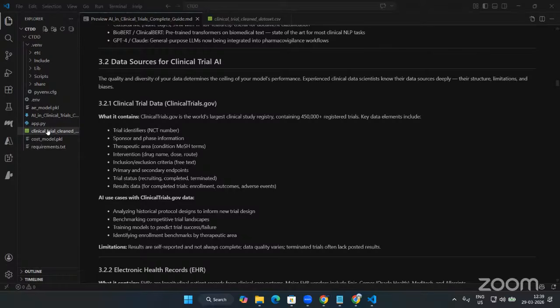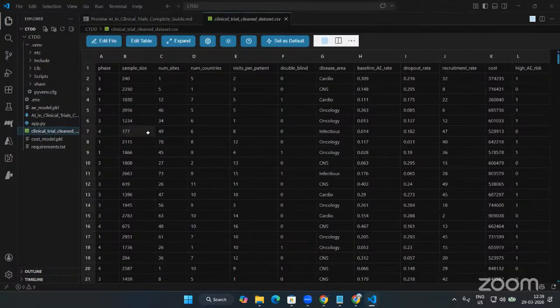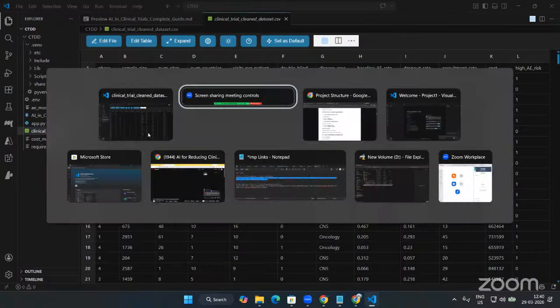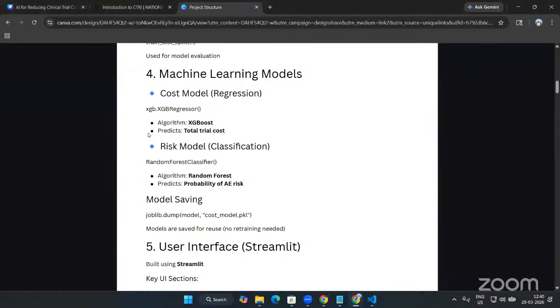Okay, so we had seen this cleaned data, and then we went on to discuss the different models. We have discussed multiple models which help us work on different areas of clinical trials.